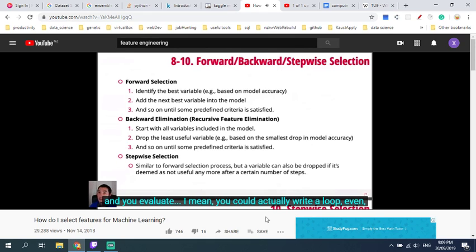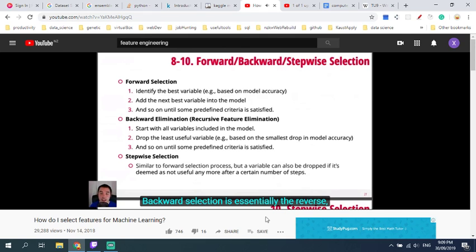You could actually write a loop, just try one feature in your model, loop through all 400, and do cross-validation with the relevant evaluation metric and figure out, okay, here is my one best feature. And you add that to your model. Then you try adding a second feature. Which do you add? Well, the best one as determined by some criteria. So you keep doing that until some threshold is met, either a certain number of features you define, some performance metric, et cetera, et cetera.